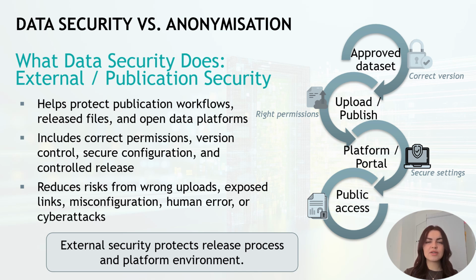So external security protects the release process and the platform environment. But even if that process is handled well, the content of the dataset may still create privacy risks. And that is exactly why security and anonymization should not be treated as interchangeable.